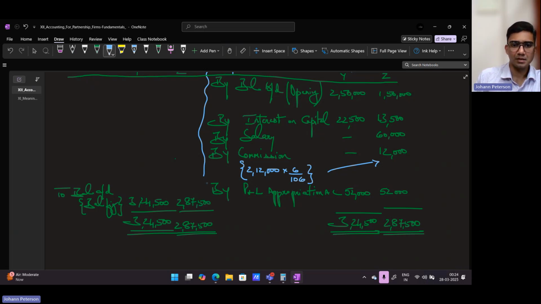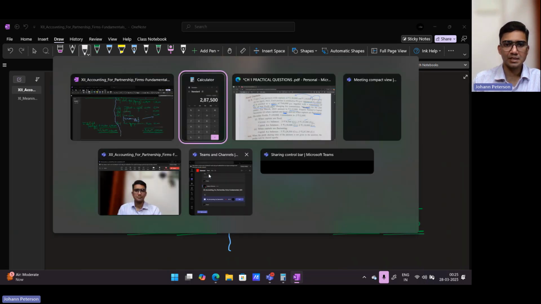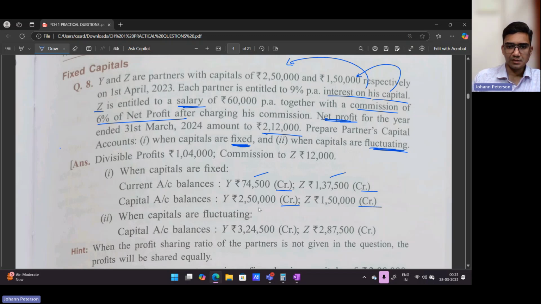Okay, so this is what we have to do. And balances, let's check if these are the balances left: 324,500 as a credit balance and 287,500 as a credit balance.